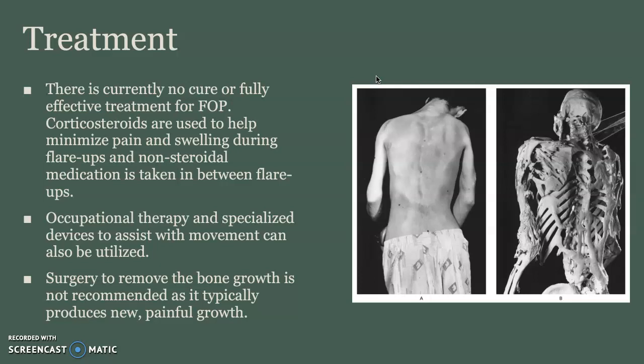And surgery to remove the bone growth is not recommended at all, as it typically produces new and even more painful growth. And on the right here, you can see an image of what a patient with FOP looks like while they are still alive, and in comparison to a skeleton.